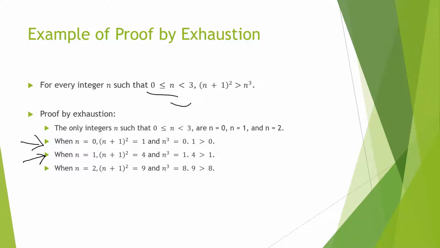In the last case, when n is equal to 2, (n plus 1) squared is 9, but n cubed is 8, and the left hand side, which is 9, is greater than the right hand side, which is 8. Since we proved the inequality for every element in the domain, the universal statement that we were going to prove is true. So that's an example of proof by exhaustion.